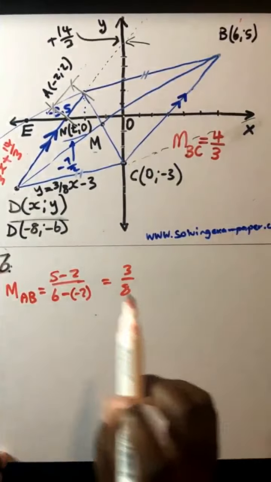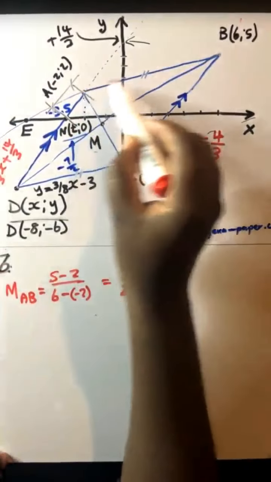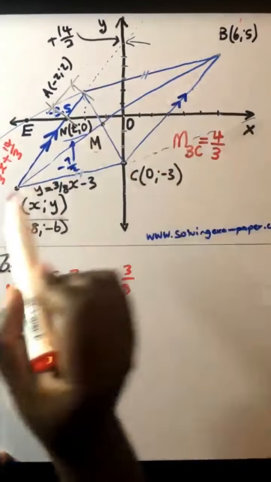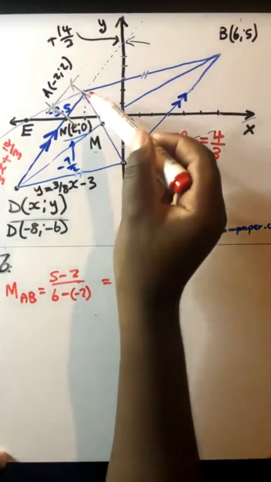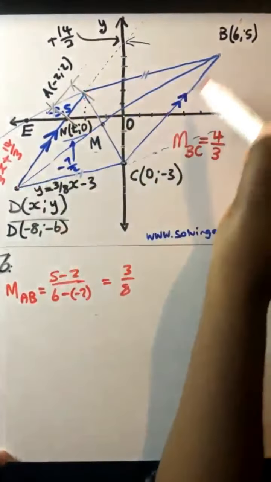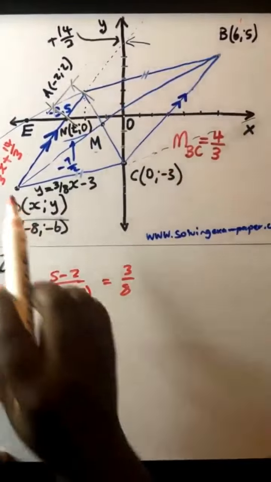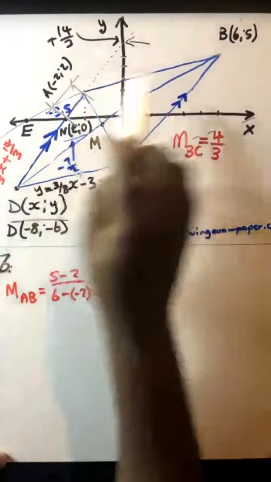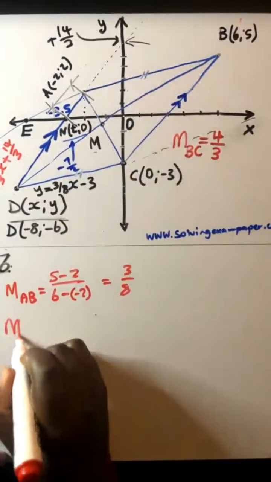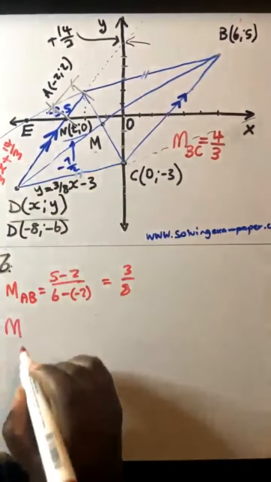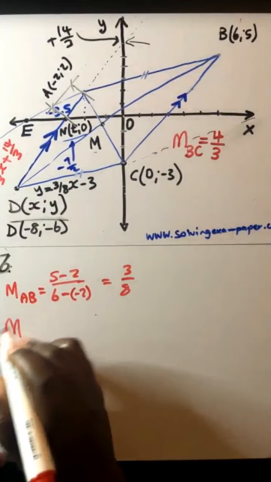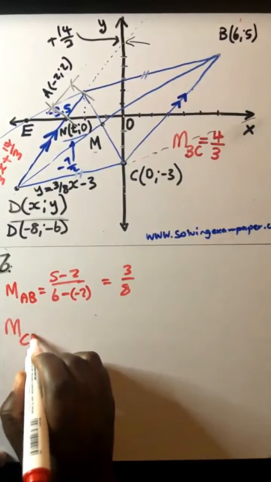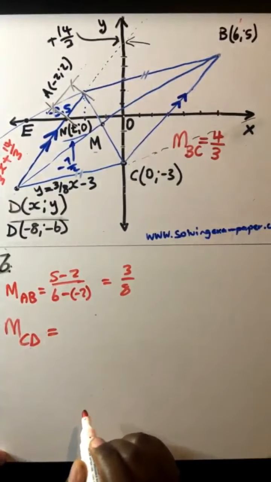So the gradient of that line must be equal to the gradient of this line, because already we know the gradients of this and that are the same. Let's now calculate the gradient of CD, following the alphabetical order.